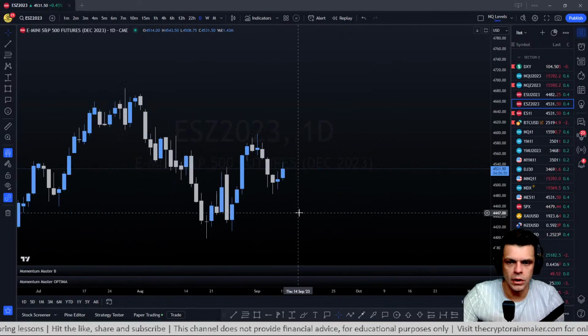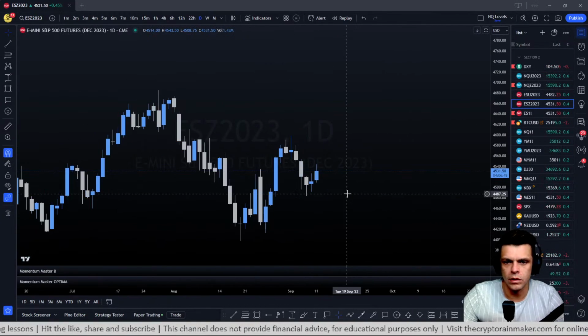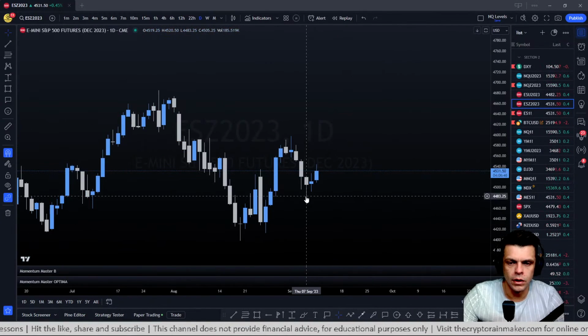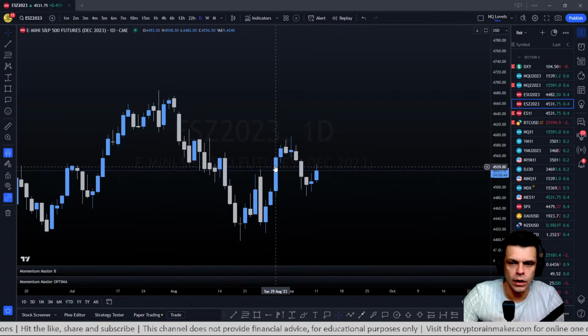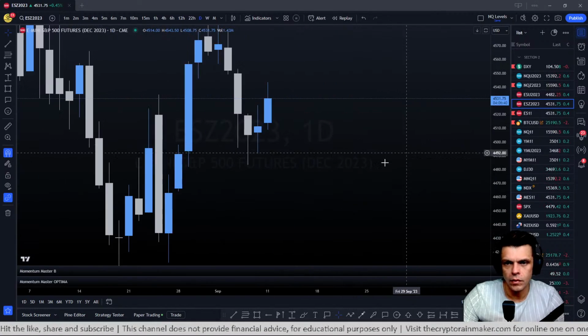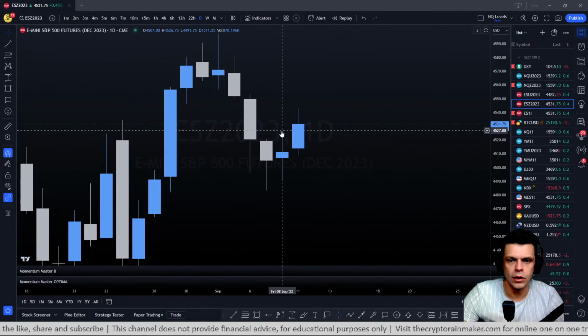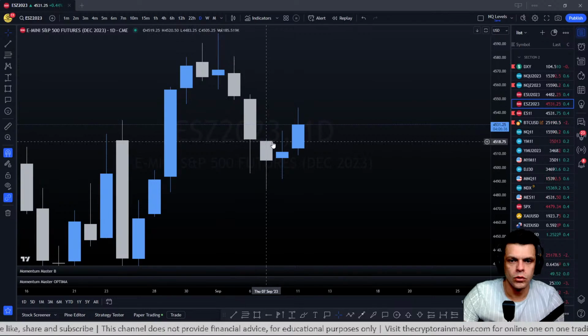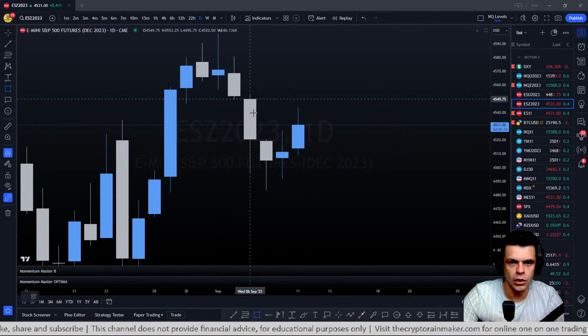Okay, and then ES basically did exactly the same thing as the Nasdaq. Came into discount into the fair value gap right here and then started to move away. Took out the previous day's high, also in a bearish fair value gap right now.